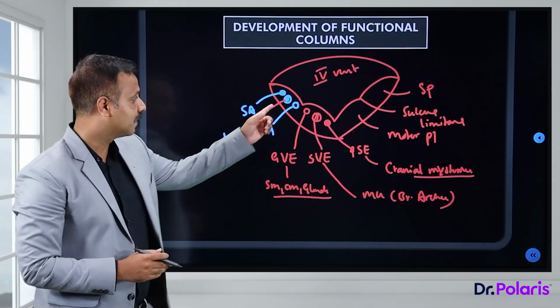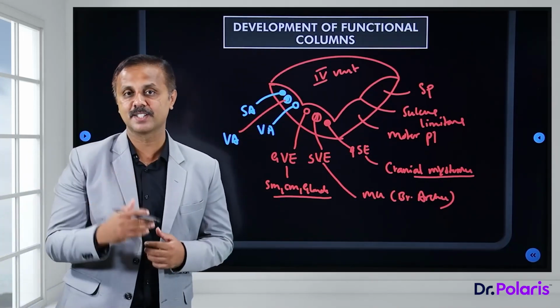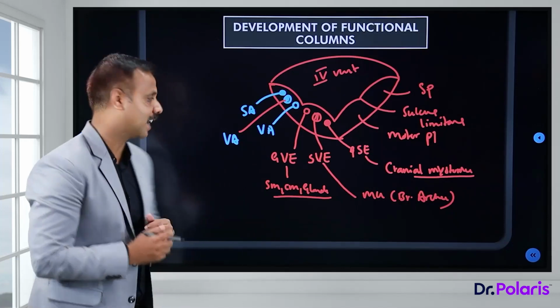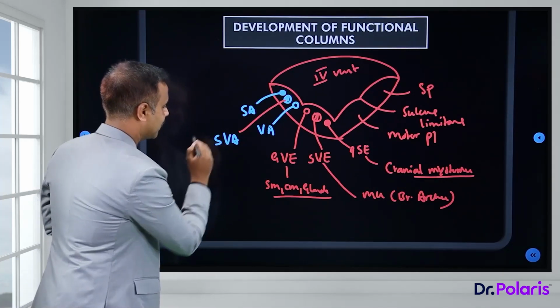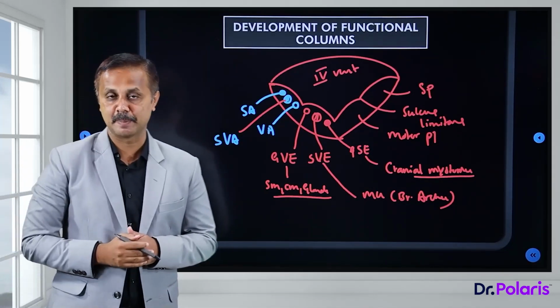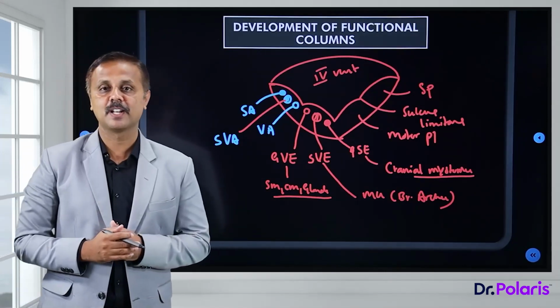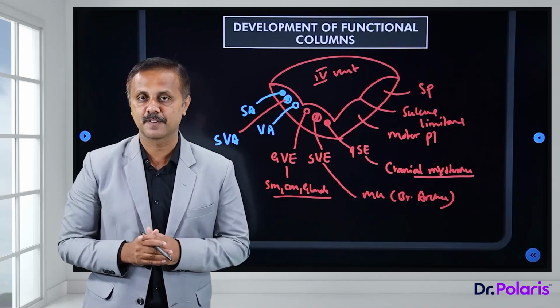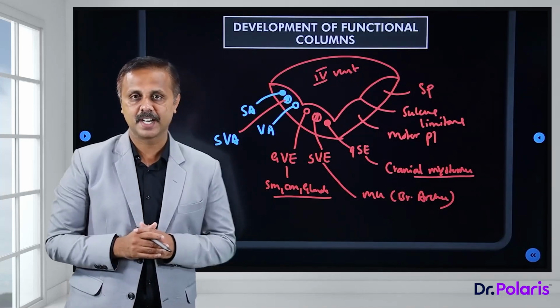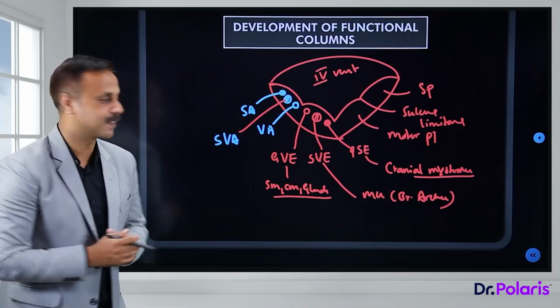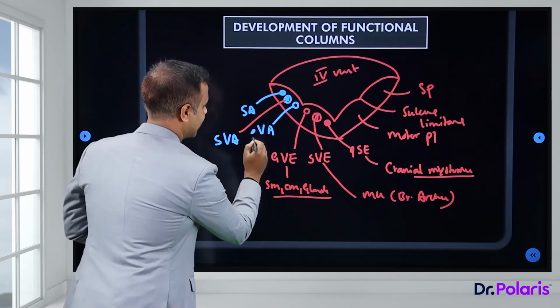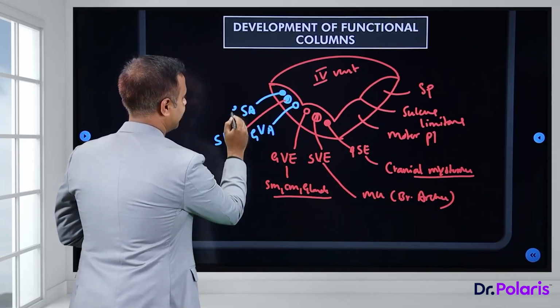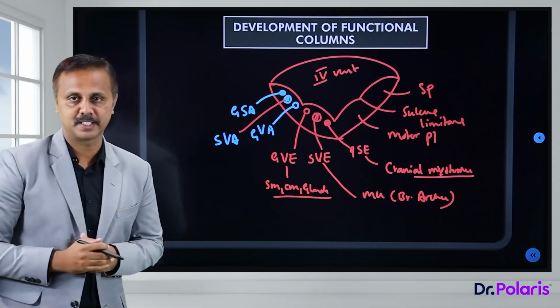So we call the visceral afferent column that carries the sensation from the branchial arches the special visceral afferent column. And remember, the special visceral afferent column is concerned with carrying taste sensation from the tongue. So once we have the special visceral afferent column, we can call this the general visceral afferent, and then we can call this the general somatic afferent.